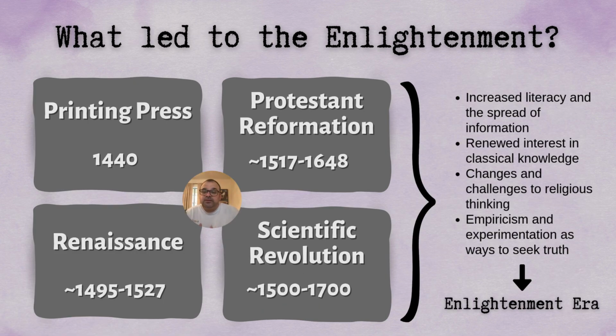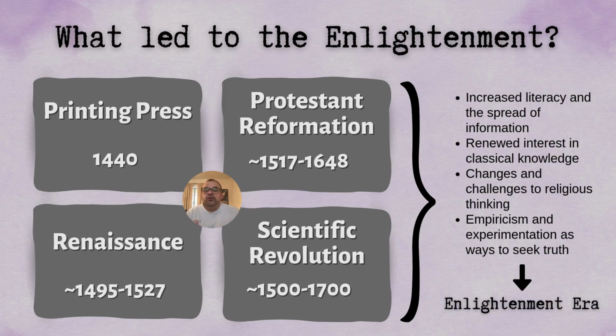Now, something that I've always tried to get across to you in class is that events don't just happen. We don't just one day wake up and decide, you know what? Scientific reason, rationality. I think this is the Enlightenment. There's things that lead us up to that.